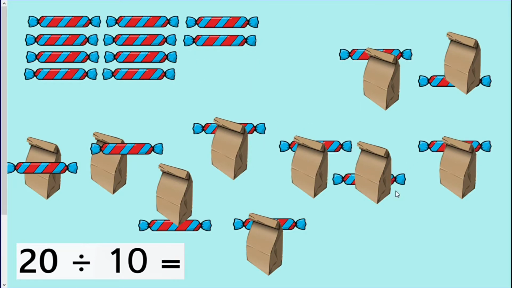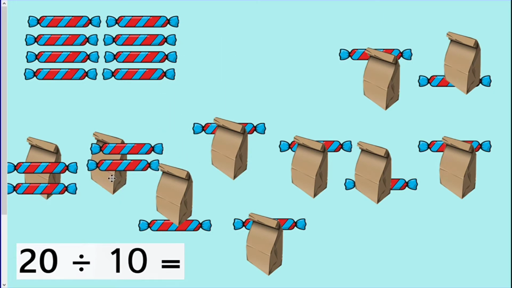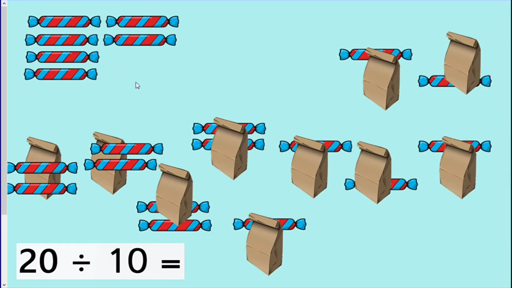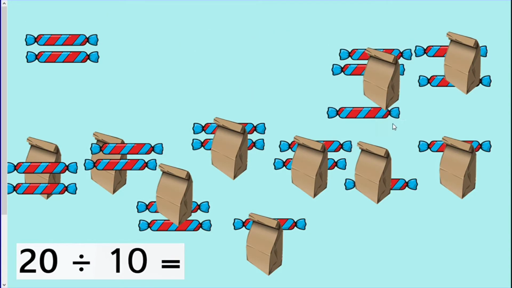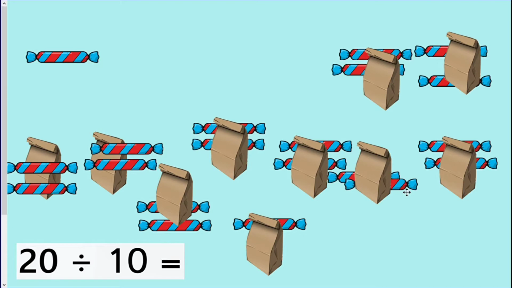Each group bag now has got 1, so let's share out the rest, shall we? So it looks to me like each bag is going to get... Oh, looks like we're going to get 2. Right, let's just double check that each bag has got the same amount.